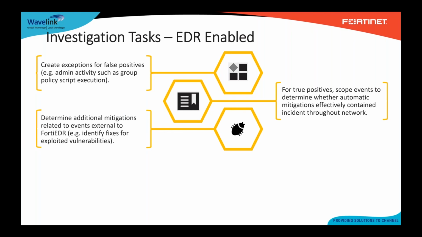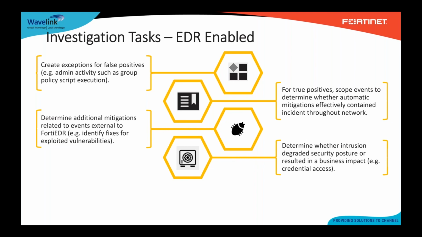For example, if you identify some post-exploitation activity associated with a web shell, you might need to go back and check how a web shell was able to get on the endpoint. FortiEDR would have protected you, but then what vulnerability did the adversary exploit within your system to get a web shell on in the first place? Those are the type of things EDR can't do for you. It will contain the threat, but you need to jump back in and trace that back to the initial access.